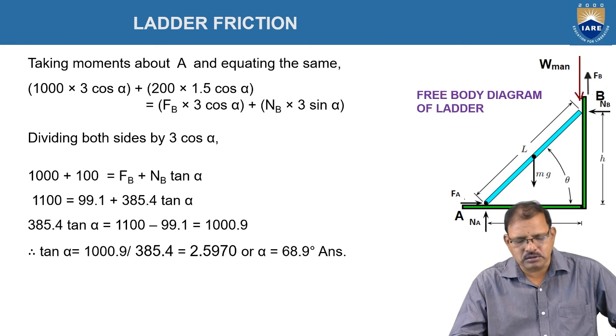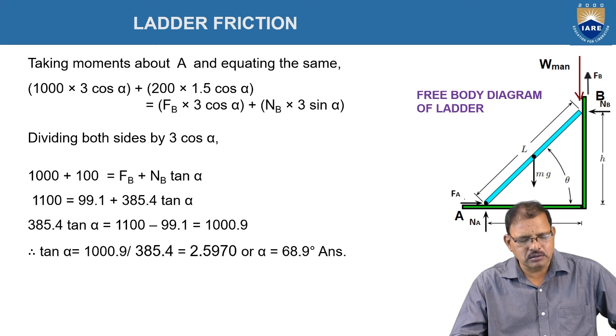Based on the equations we got, the weight of the ladder tends to slide in clockwise direction, that is 1000 into 3 into cos alpha, plus the weight of the person, which tends to slide again in clockwise direction, that is 200 into 1.5 cos alpha. It should be equal to the moment created by the frictional force as well as the normal reaction at B, both tending to slide in anti-clockwise direction, that is FB into 3 cos alpha plus NB into 3 sin alpha.